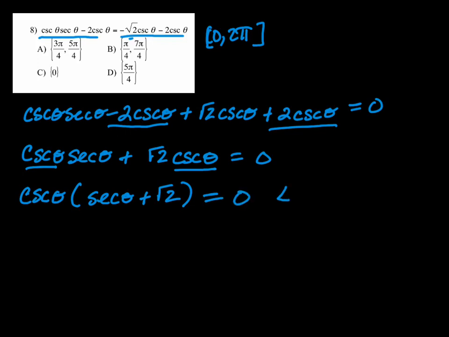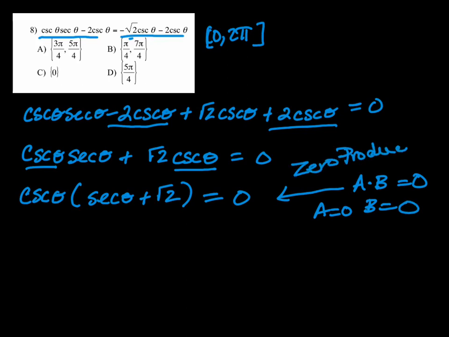It's at this point in time where I can use the zero product property, because we remember that if we have A times B, and that equals 0, then either A equals 0 or B equals 0. That's the zero product property. And that's how we factor and why we factor anyway. So I've got it factored. So I set each side equal to 0.